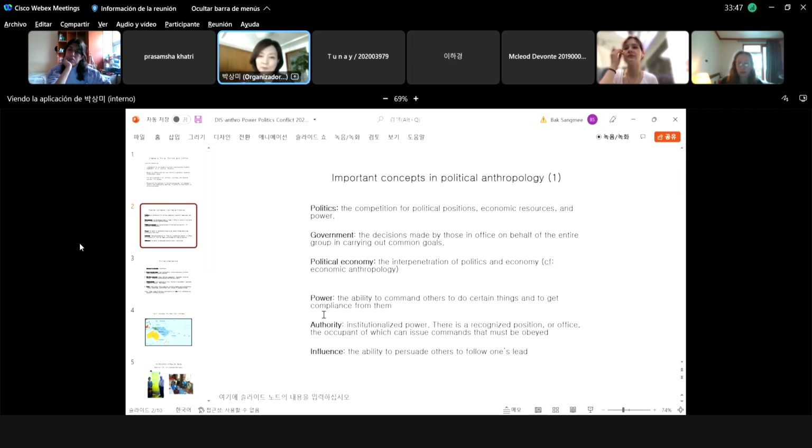Now we move on to the definition and comparison of three important terms in political anthropology. The first one is power, next is authority, and the third, influence. Power is, when it comes to political science or political anthropology, I think the most important concept.